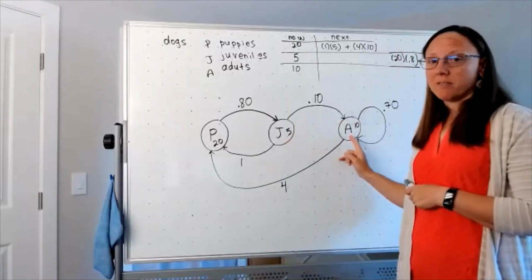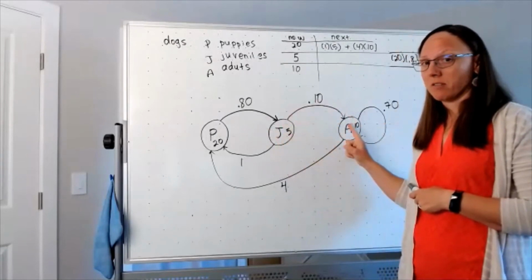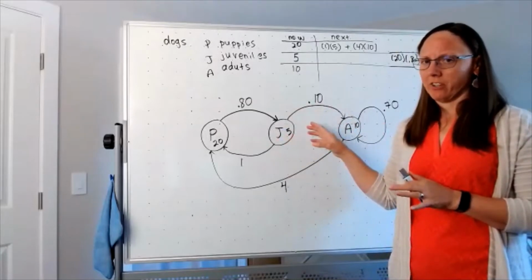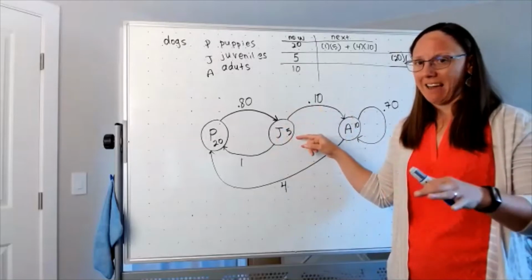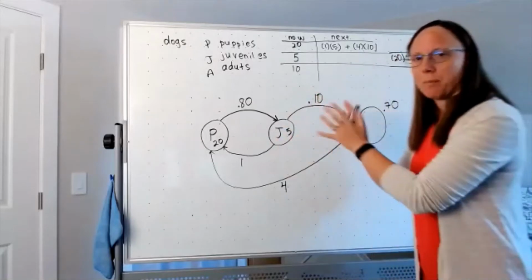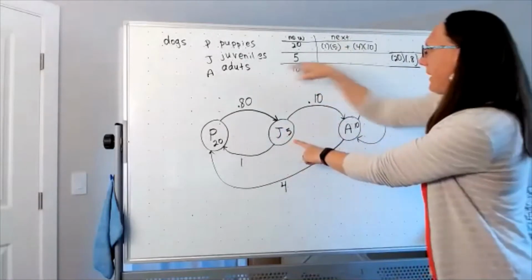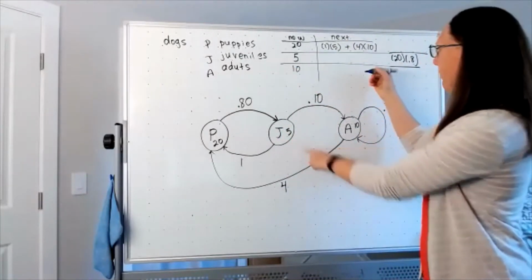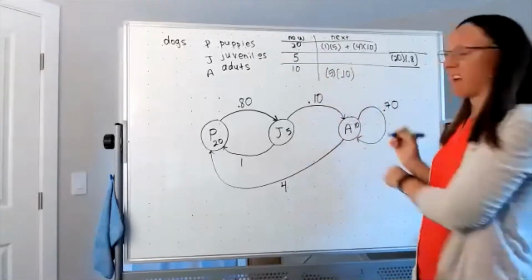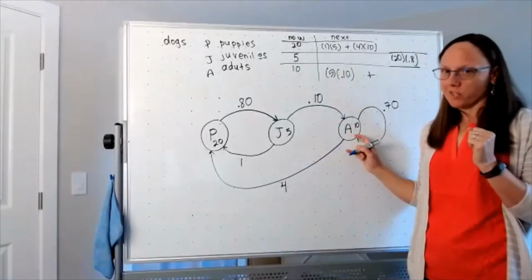Now for my adults, the existing juvenile population is going to grow up to be adults. Okay, these numbers aren't looking good, folks. 10% of 5 is half of a juvenile. Just don't think about it too hard. We made up the numbers. So for my next year adults, we're going to have 5 times that survival rate of 0.10, plus, luckily, some of our adults also survive.